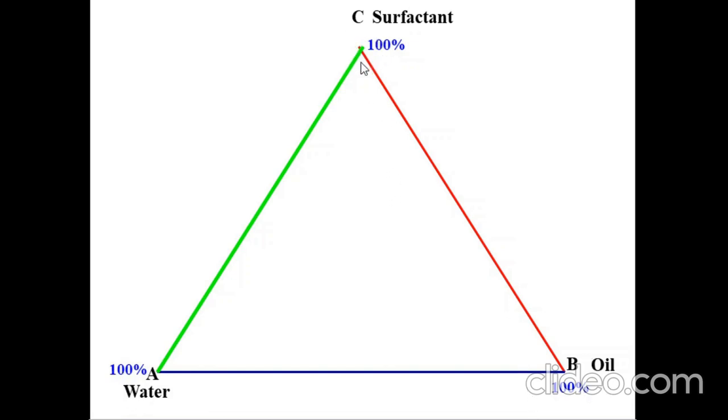When I say 100% of surfactant at point C, that means it doesn't have water or oil mixed with it. It is purely 100% surfactant only. This is true with vertex C. And in vertex A, it is 100% of water only without surfactant or oil present in it. Similarly, in vertex B, it is 100% of oil without surfactant and water.